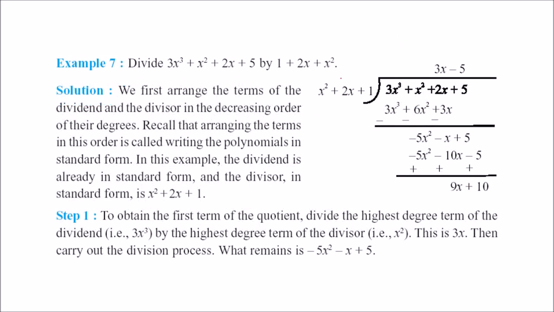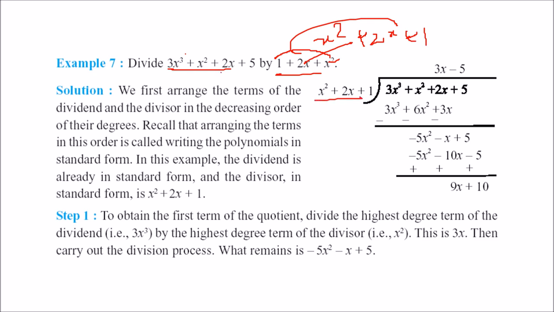Now, the procedure. The procedure is exactly the same. You want to divide this by this. Now this is cube and this is square, so you have to arrange it properly. You cannot just write it like this. You have to take the highest power first, so this will be x square first, then 2x, and then 1.